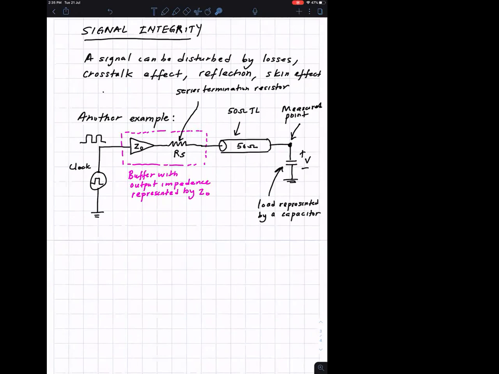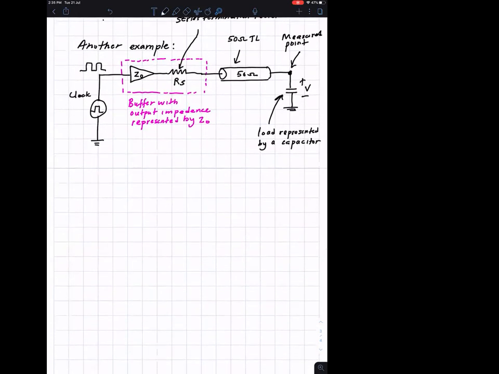You're going to measure this output. The output is V, the voltage across the capacitor. You're plotting V versus time.